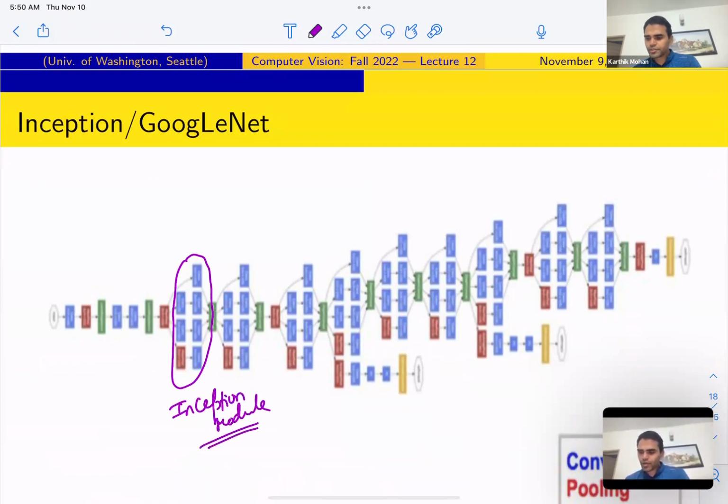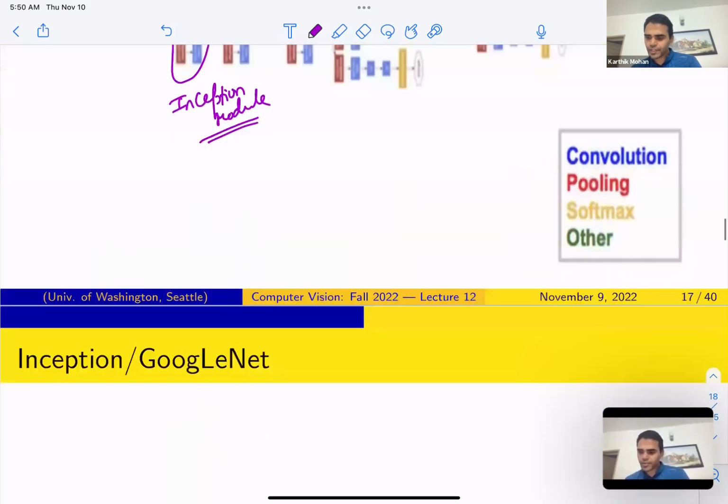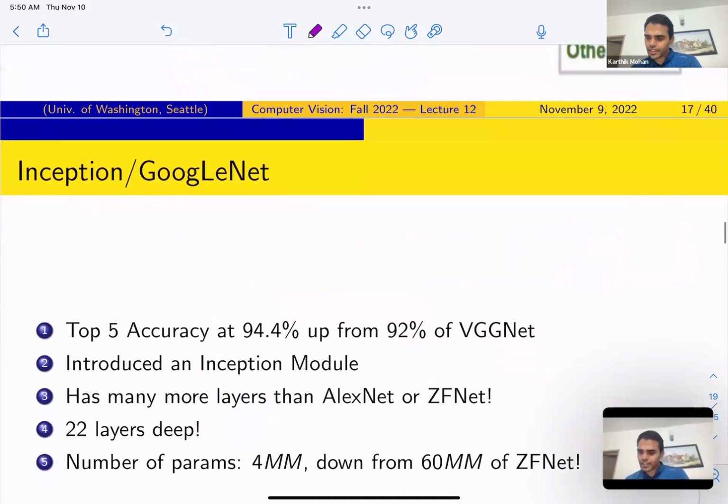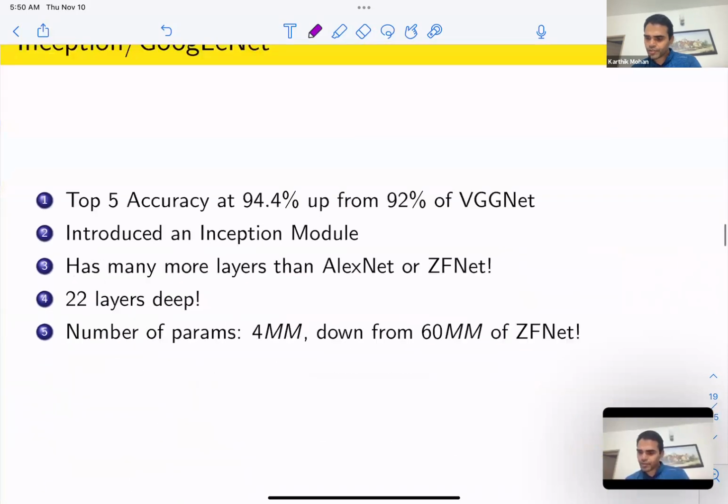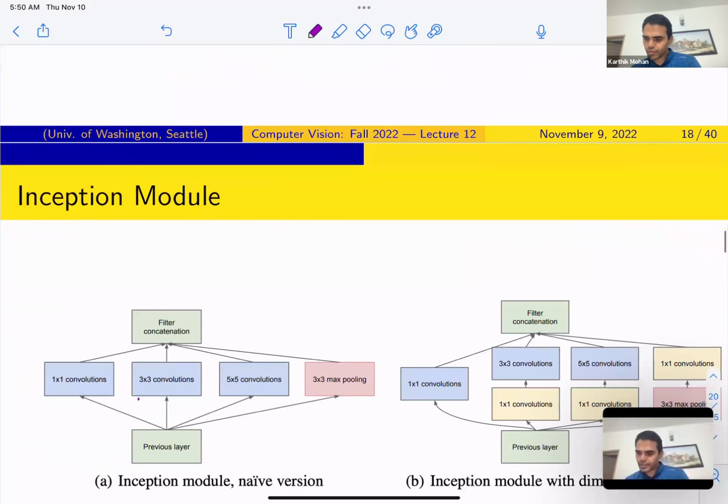That allows the model to learn from not just one kind of convolution, but different size convolutions, right? So you can have a convolution of size 3 by 3, 5 by 5, 1 by 1, all happening in parallel, and then you concatenate them before going to the next layer.